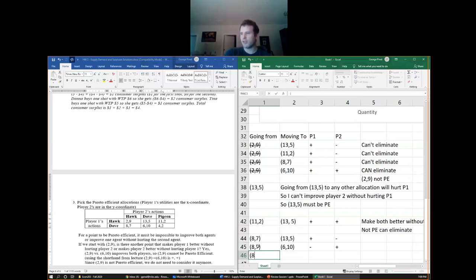Going from 8.7 to 4.2 will be a minus, minus. So we can actually eliminate 4.2, but I'd rather just do that in the right terms. But you see that it's a minus, minus. So if I were to be moving from 4.2 going to 8.7, it would be a plus, plus. So we can say that it's eliminated.